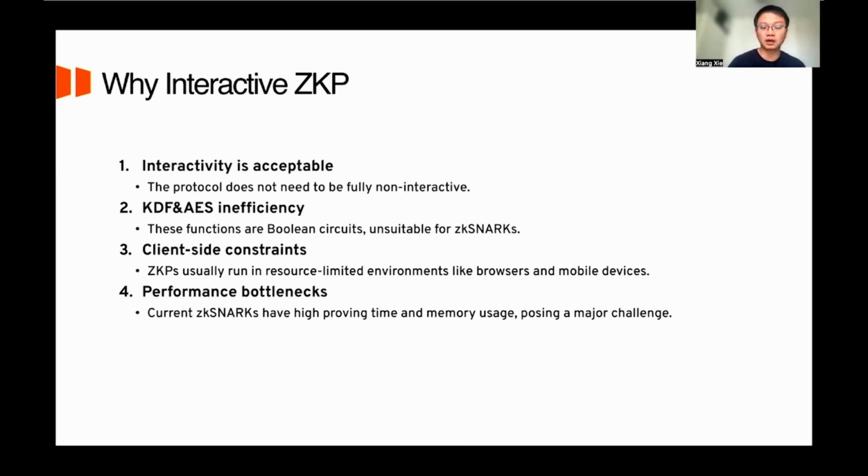When the clients are deployed in a resource-limited environment, this may pose a major challenge in terms of user experience. The client cannot wait for a long proving time, and it's always running out of memory, which is a bad user experience.